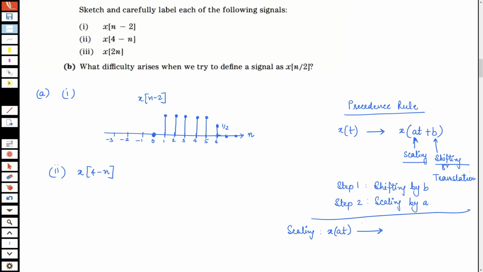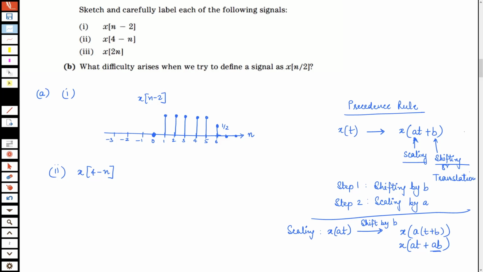Now when you shift this by b, what you are essentially doing is you're doing x of a(t plus b), right? That means x of at plus ab, but this is not what was required. This is not what the question demanded. The question demanded x of at plus b, right? So you are unknowingly, unintentionally, but incorrectly multiplying a while you are shifting, right?